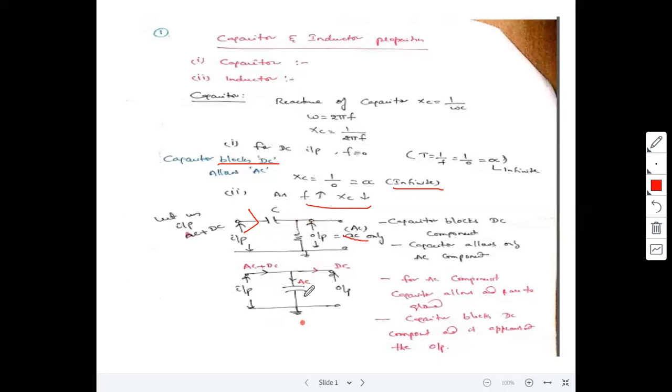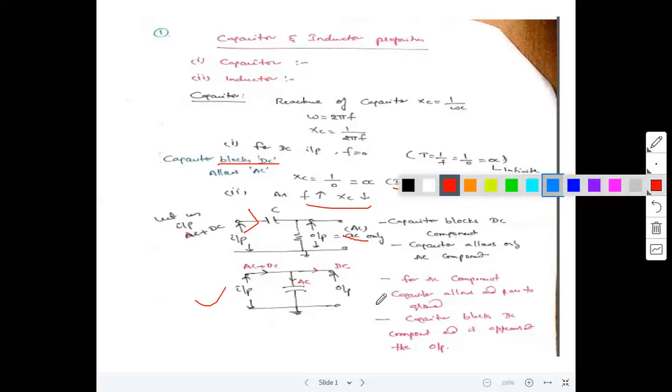Suppose the capacitor is connected in parallel to the input. Observe here in the second figure, the capacitor is connected in parallel to the input. In any case, the capacitor allows the AC component and blocks the DC component. In this case, it allows the AC component to pass to the ground. It does not allow the DC component. That means the output contains only the DC component.